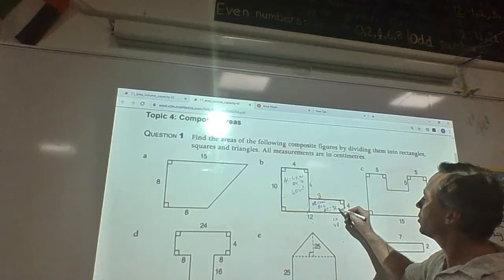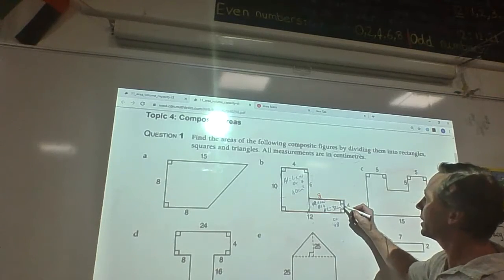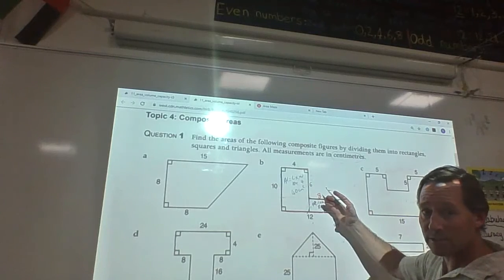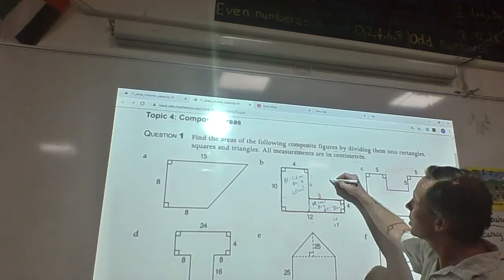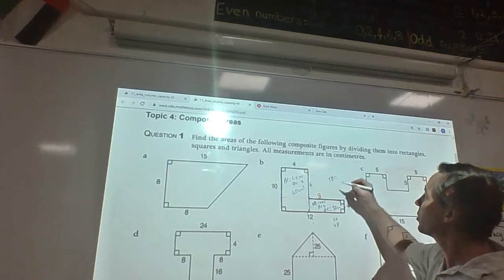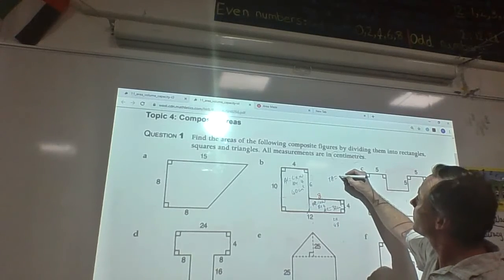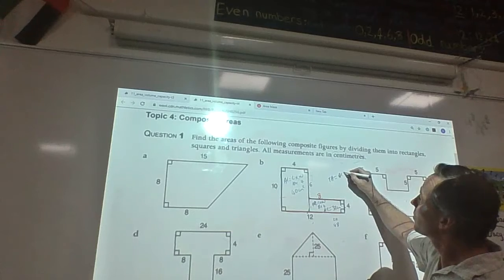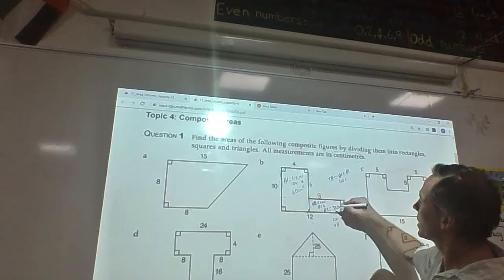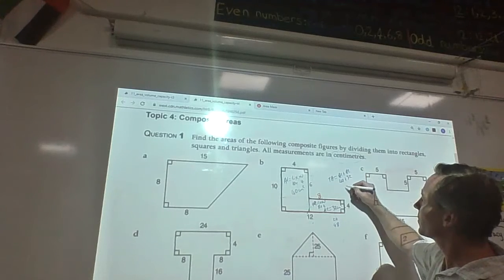Equals 32 centimetres squared. To work out the total area, the combined shapes, because there's 2 shapes there, TA for total area. I add area 1 plus area 2, and area 1 is 40 centimetres plus area 2 is 32.